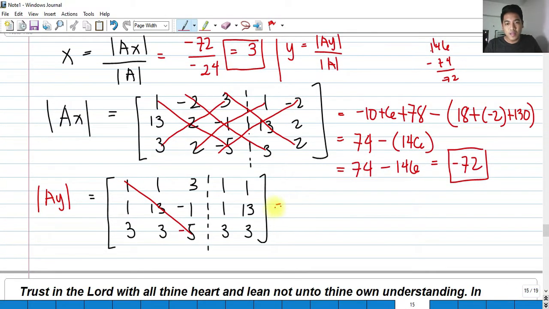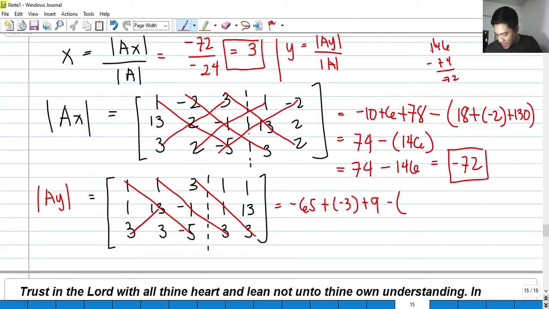So 13 times negative 5 is negative 65, plus 1 times negative 1 is negative 1 times 3, that is negative 3. Plus 3 times 1 is 3 times 3 is 9, minus the other diagonal. 3 times 13 is 39. 39 plus 3, or 39 times 3.